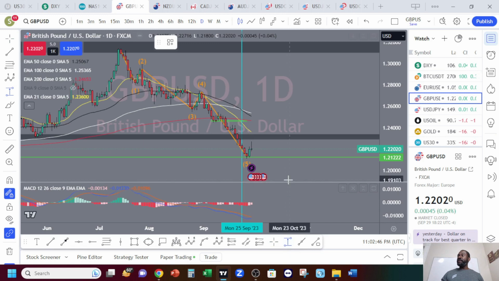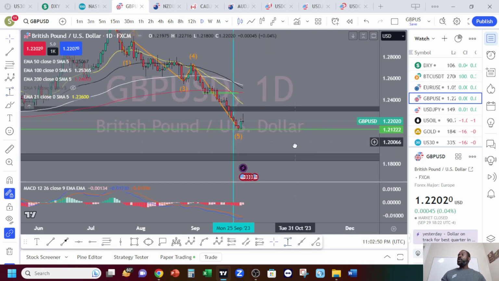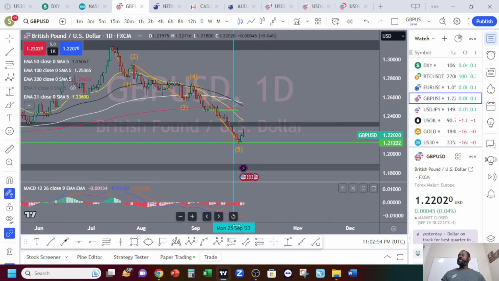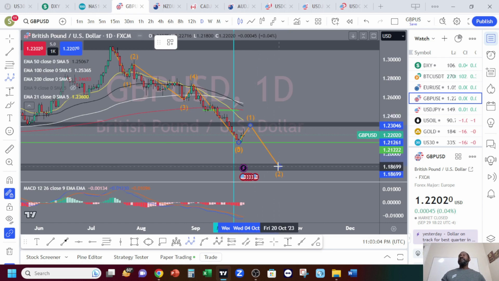In the daily time frame, let's see what might happen between this support and resistance right here. So we already see that price is heading up. Could price do this to continue to go down? You see that?